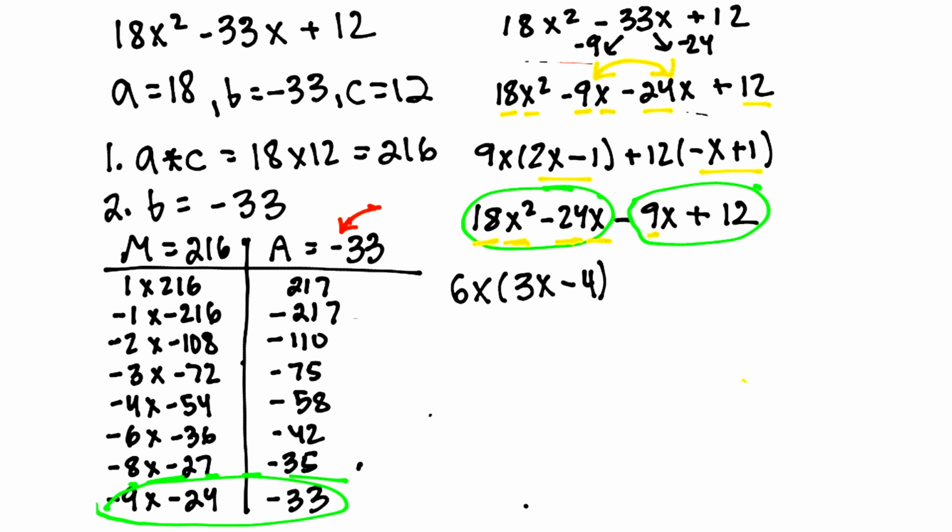And then the other two terms, we can pull out a 3. Actually, we'll pull out a -3, since there's a negative in front of the 9, that will leave us with 3x minus 4 on the inside. So now the parentheses are equivalent. So we can pull 3x minus 4 out.